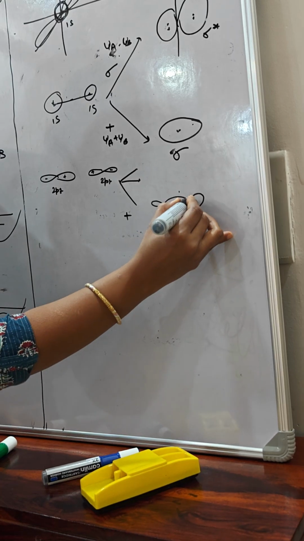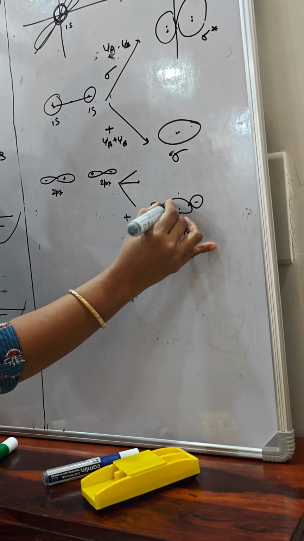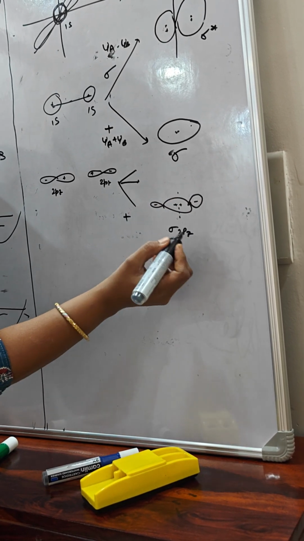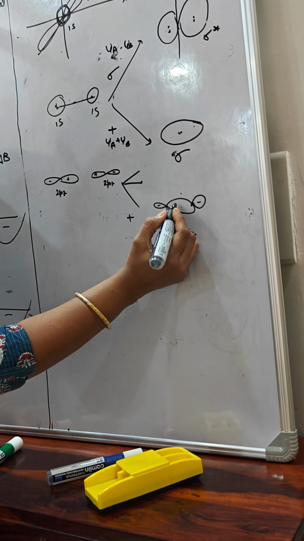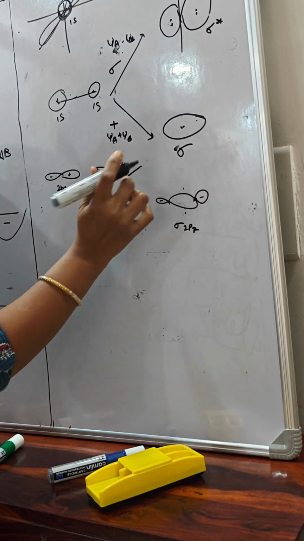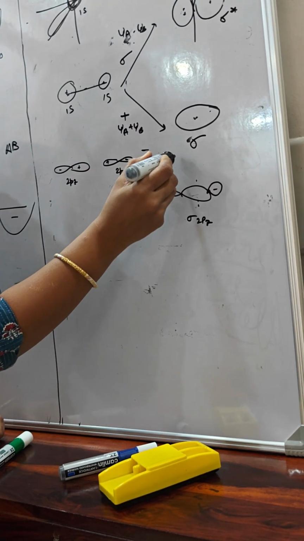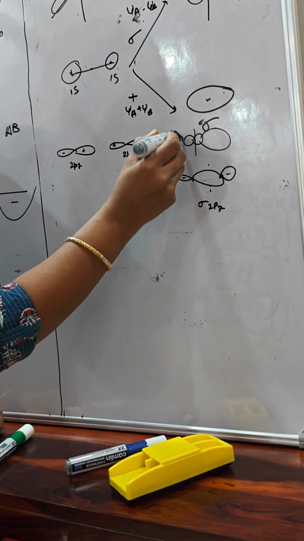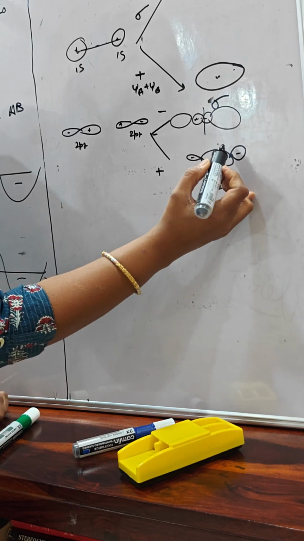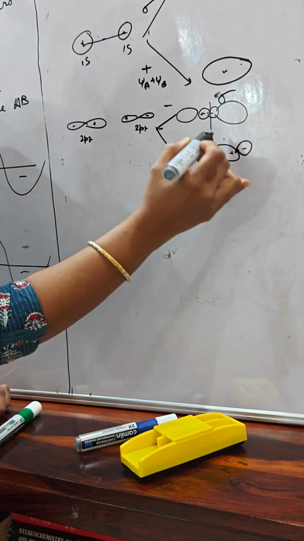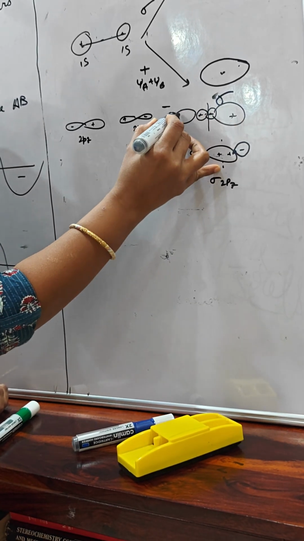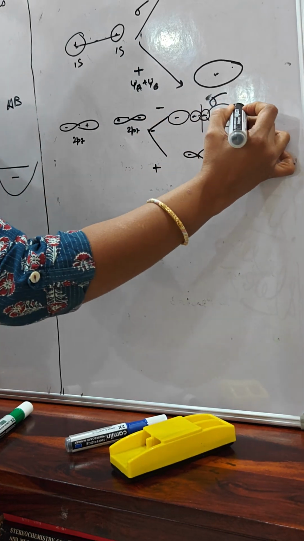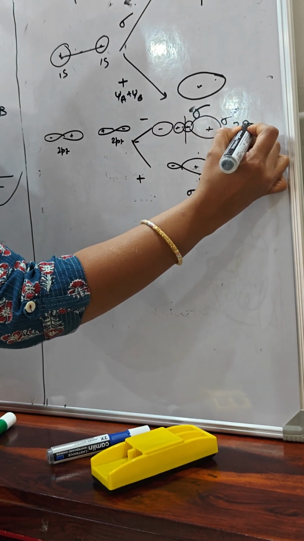Higher electron density in between the nuclei. And in case of destructive interference, there will be a node, with plus and minus, plus minus. So this will form sigma star 2pz.